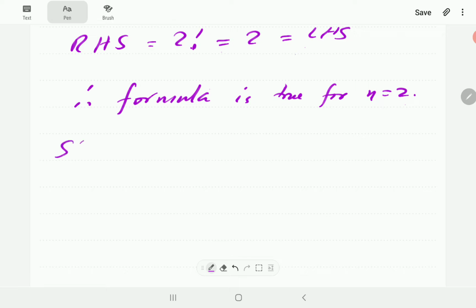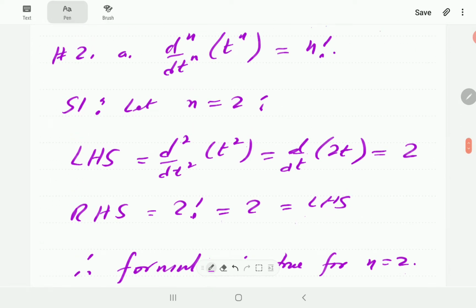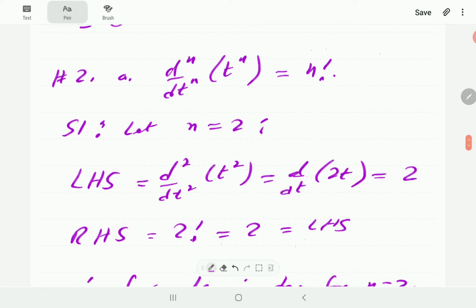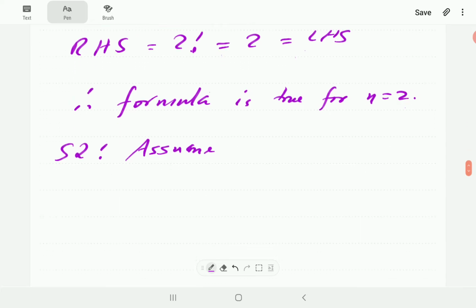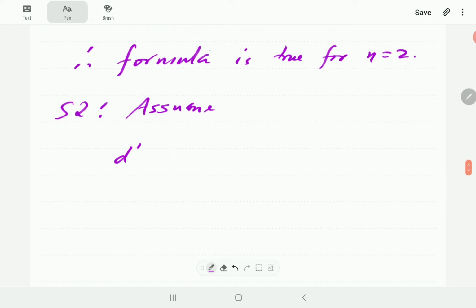So then we go to step 2. In step 2, we assume that the formula is true for some value of n equal to k. So basically we're just going to assume that the kth order derivative of t to the power k is k factorial.